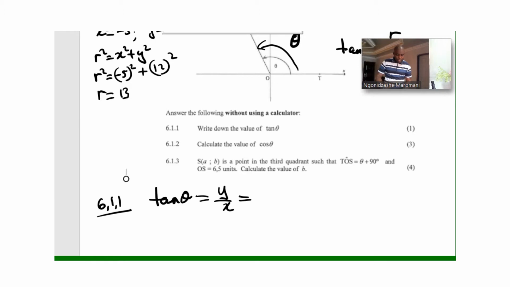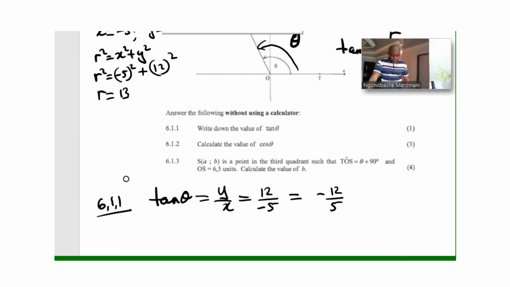Our y is equal to 12, and our x is minus 5, which gives minus 12 over 5. Remember, you should not allow your denominator to be negative. Make sure that your denominator is always positive. You take the negative to the numerator.